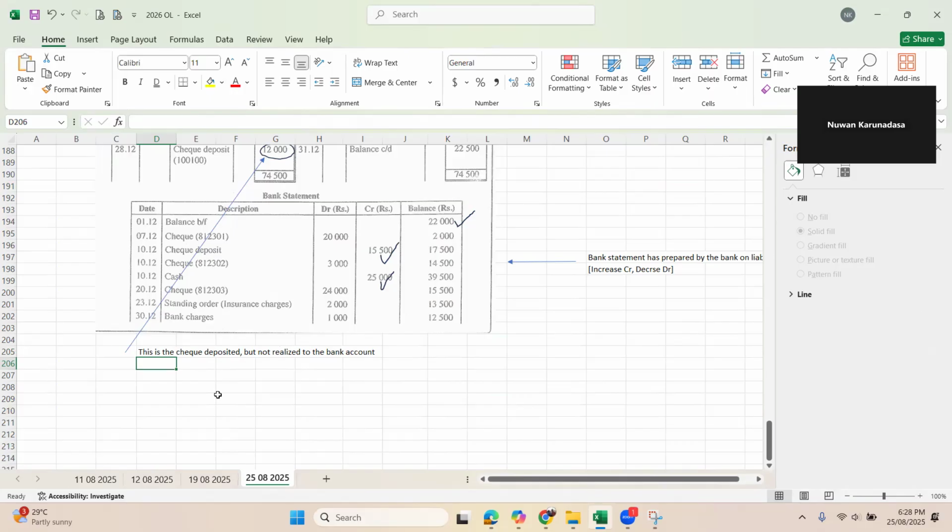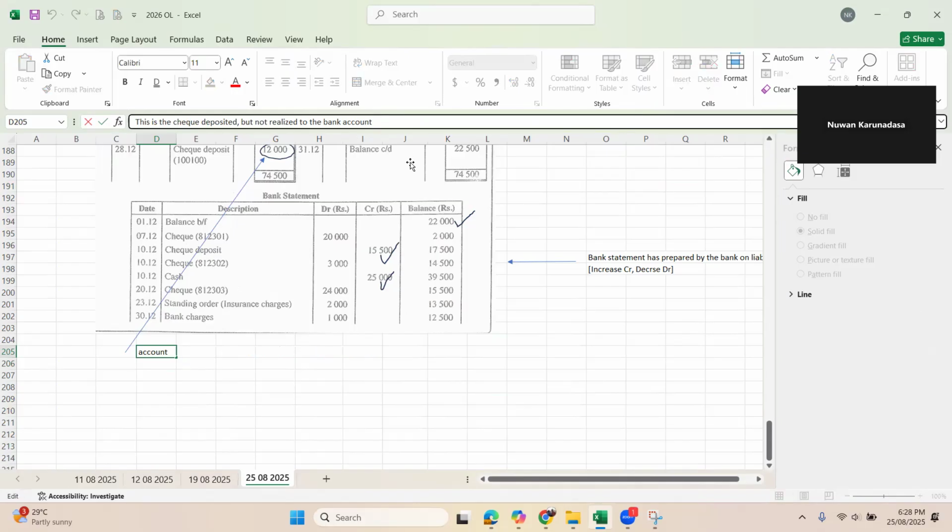Very important. This is one of the reasons for the difference. This is due to timing. So the value is deposited but not realized to the bank account. Check number 100.